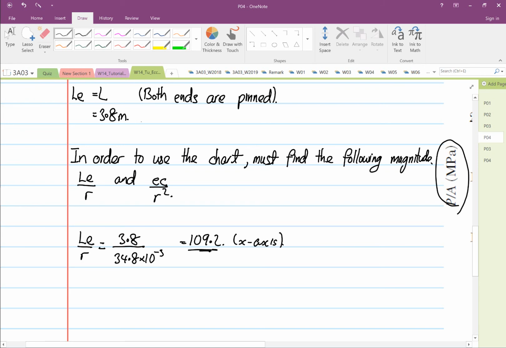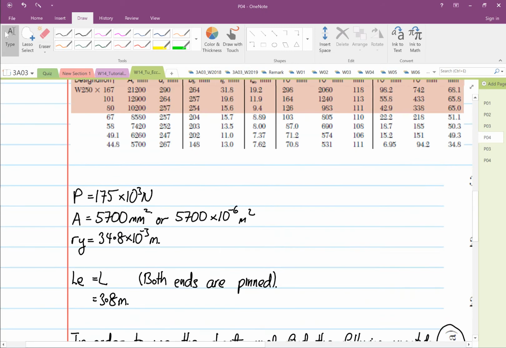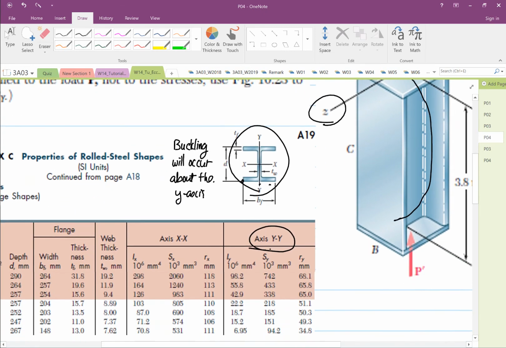Then we have to find our ec over r squared. We are given our e, our offset, which is 12 millimeters. Now the c: we are going to focus on the buckling occurring about the y-axis, so this over here is our c.